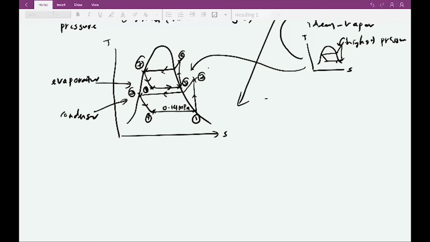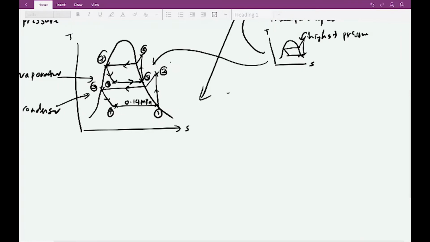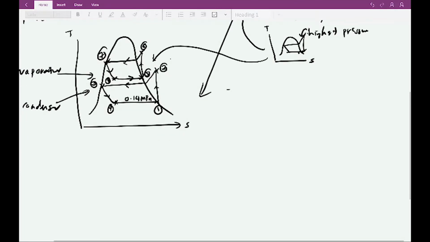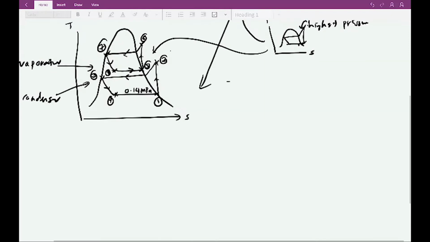So if you want to make it clear, I can sketch the schematic diagram. The schematic diagram is basically to make clear what the question asks about. These two diagrams, the schematic diagram and also the TS diagram, are compulsory when you want to analyze the question.